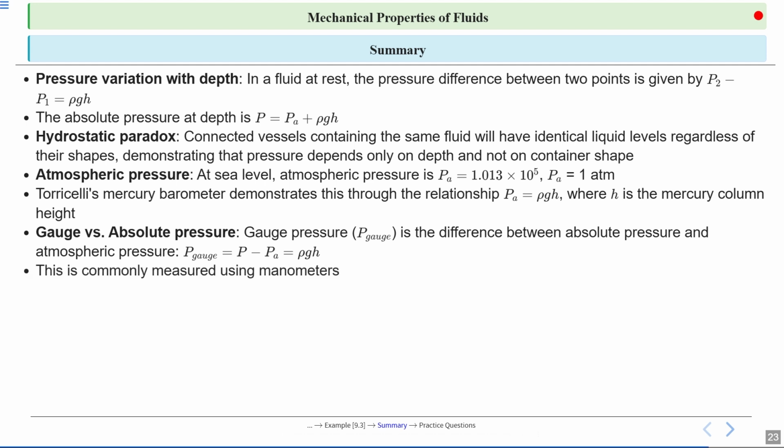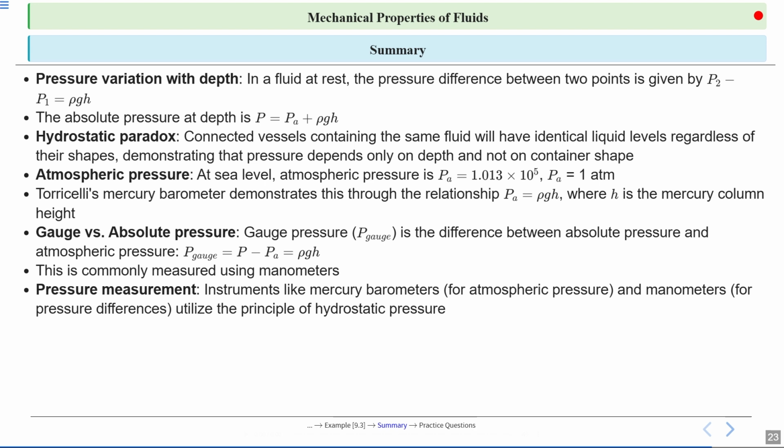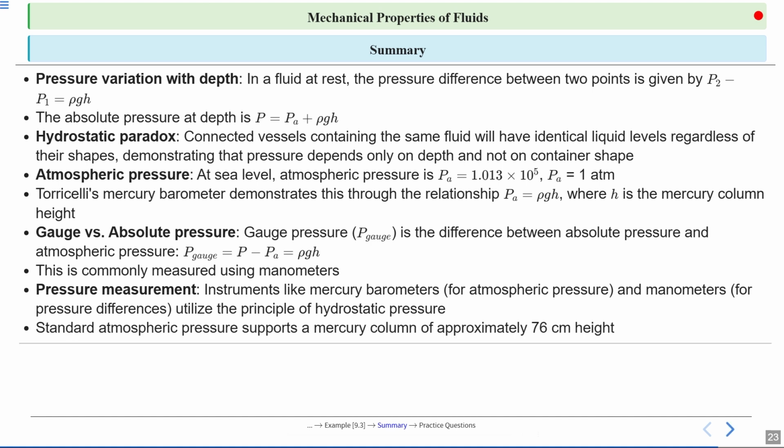This is commonly measured using manometers. Pressure measurement: instruments like the mercury barometer for atmospheric pressure and manometers for pressure differences utilize the principle of hydrostatic pressure. Standard atmospheric pressure supports a mercury column of approximately 76 centimeter height.